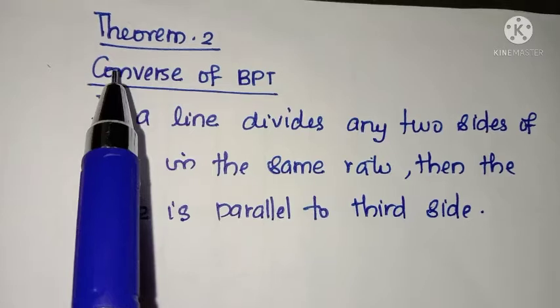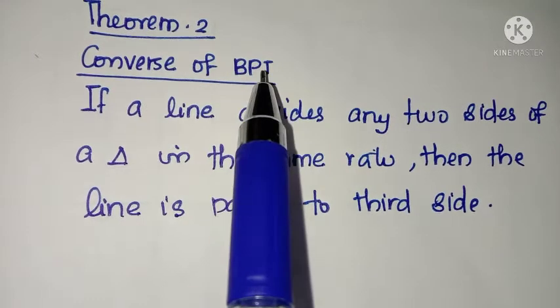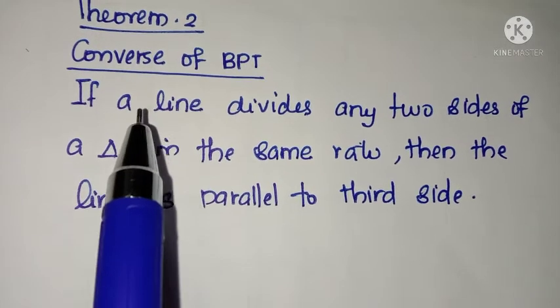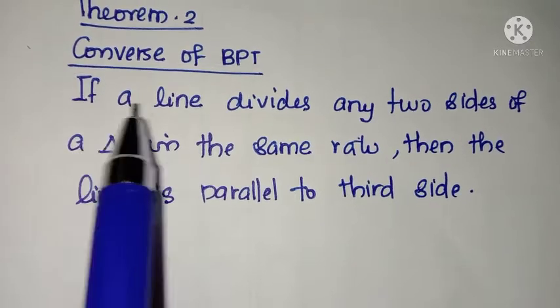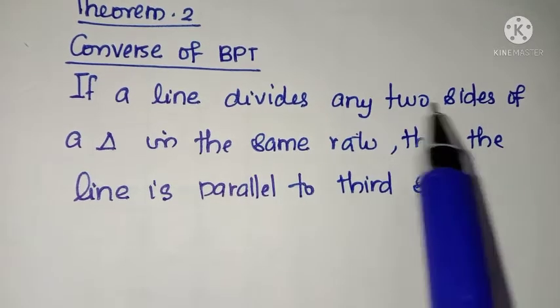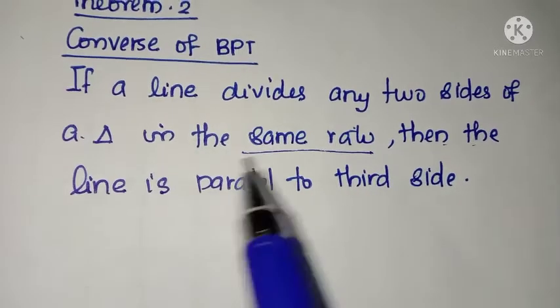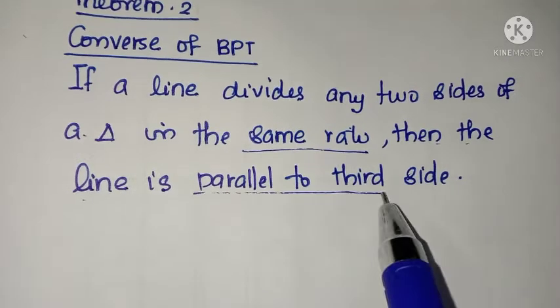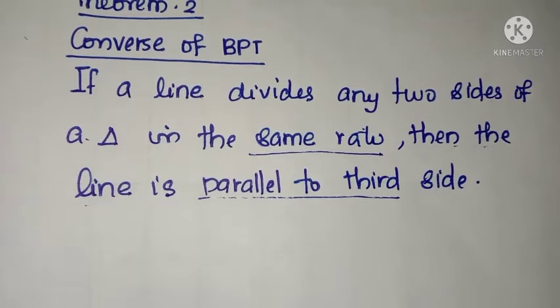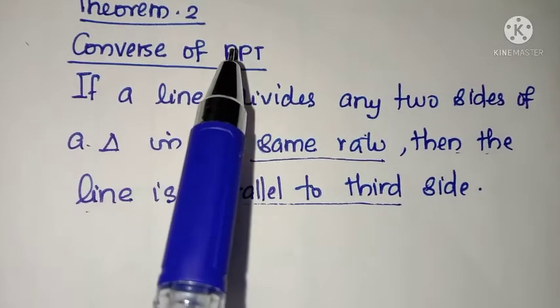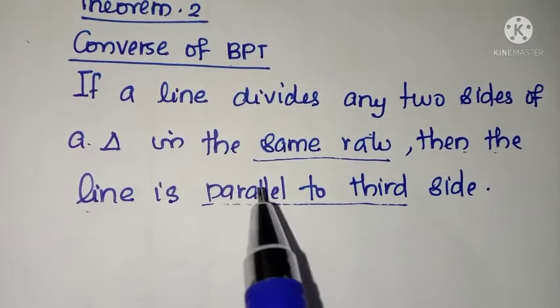Theorem number 2, converse of basic proportionality theorem. See the statement of this theorem. If a line divides any two sides of a triangle in the same ratio, then the line is parallel to the third side. Listen children, what is the basic proportionality theorem?